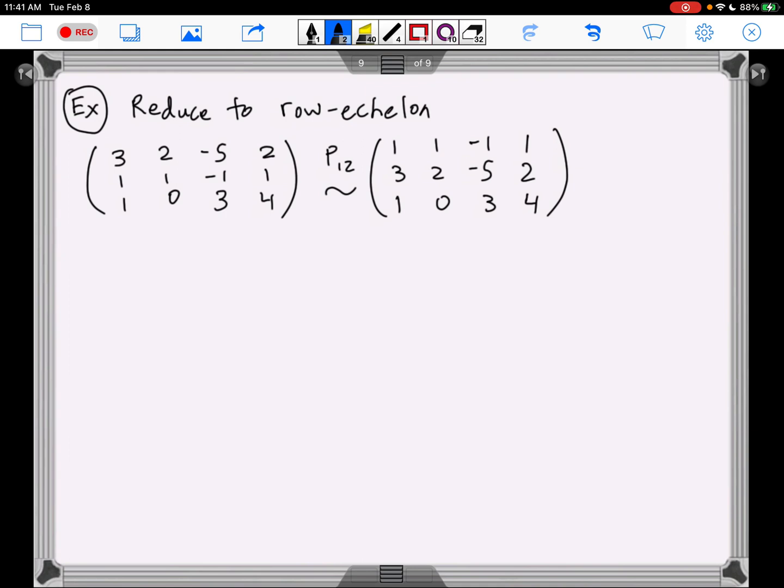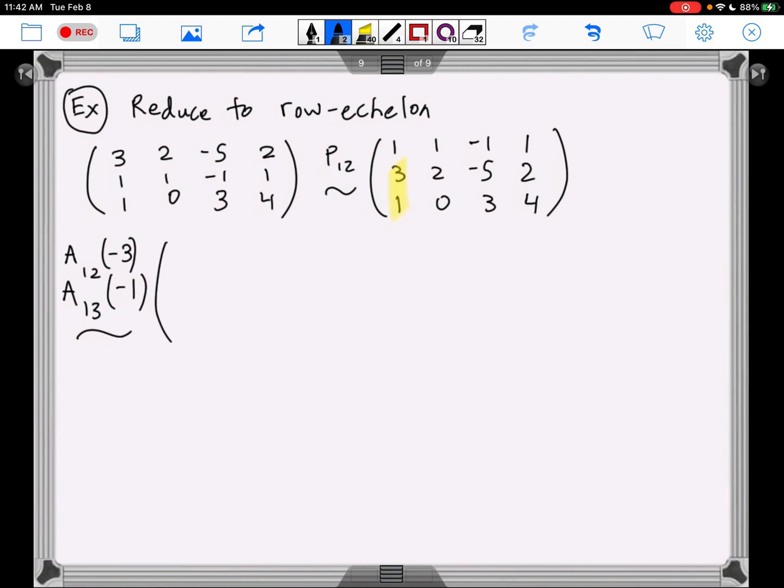Okay. Now what? Now we're going to add, right? We want to get rid of these, don't we? We want to turn these into a 0. So we do that by adding row 1 to the other rows. So I'm going to add -3 row 1s to row 2. We're also going to add -1 row 1s to row 3.